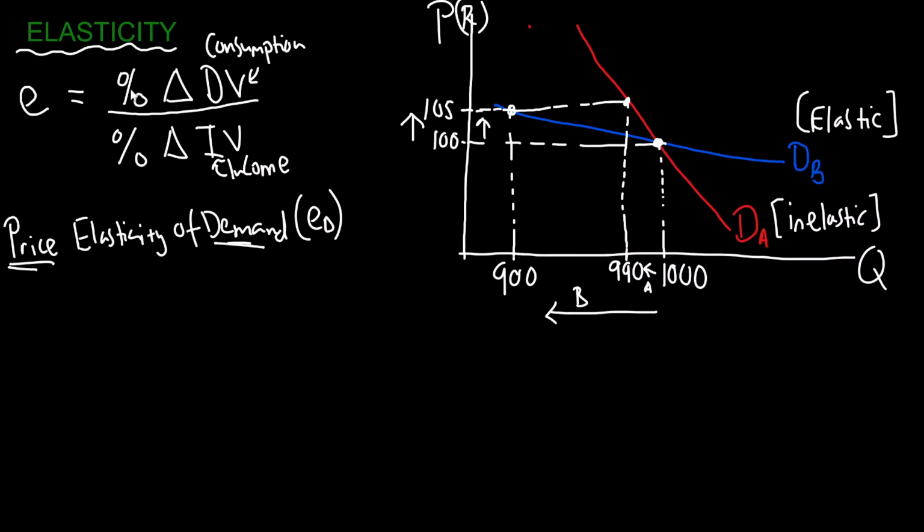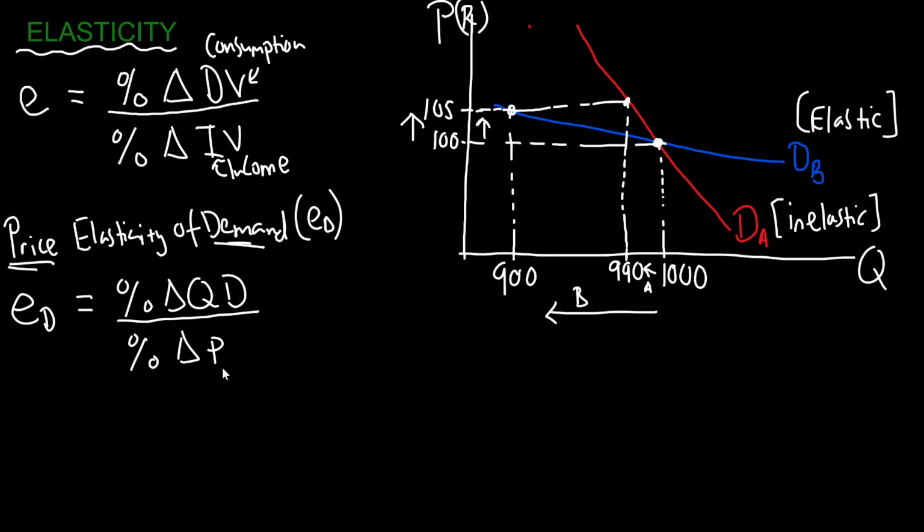You always put the dependent variable on top, the independent variable at the bottom. So the price elasticity of demand would be the percentage change in the quantity demanded, our dependent variable, divided by the independent variable, our price, the percentage change in the price.